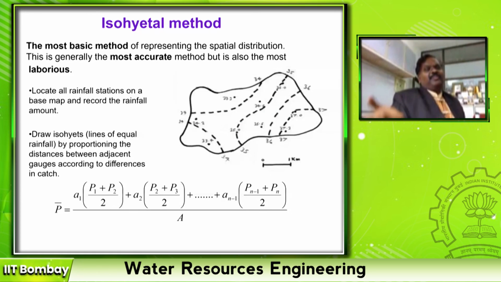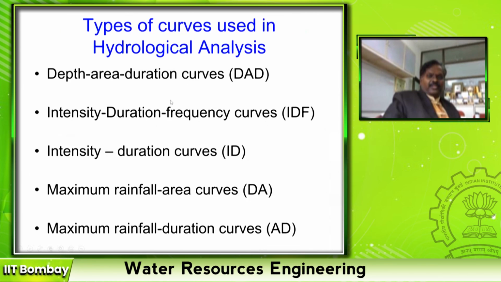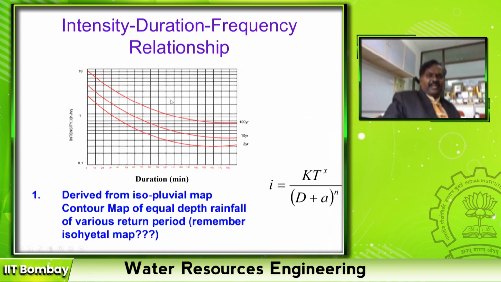So spatial lumping and temporal lumping, three methods. These are all different. This is a sample Thiessen polygon we have constructed for one of the river basins. So this is one way of representing our rainfall.